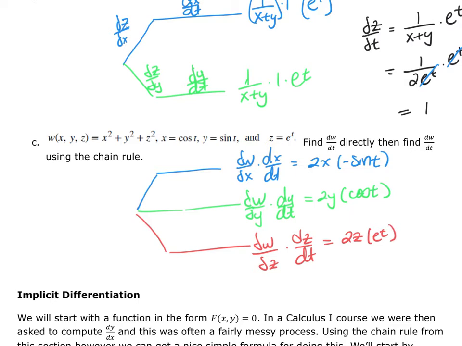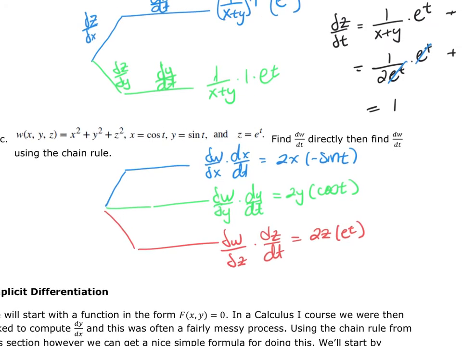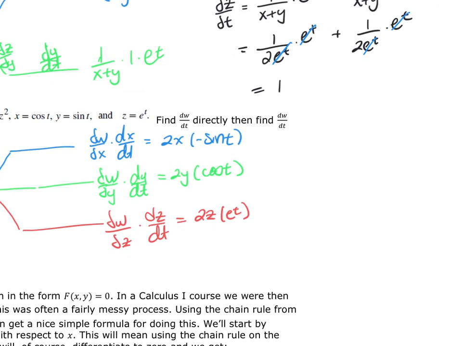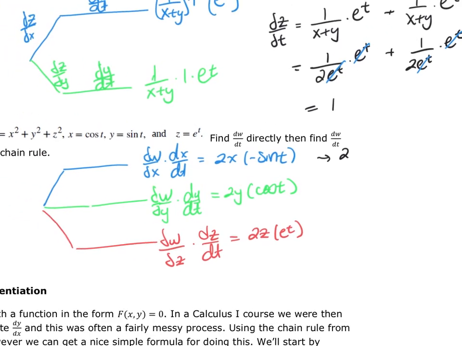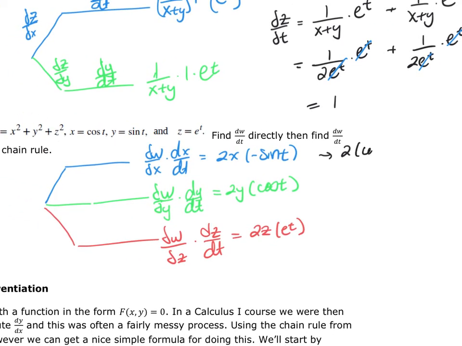So of course, with the replacements, what does this become? This becomes 2, and my x was the cosine of t, multiplied by the negative sine of t. And then I have my next one: 2, and y is the sine of t replacement, multiplied by the cosine of t.